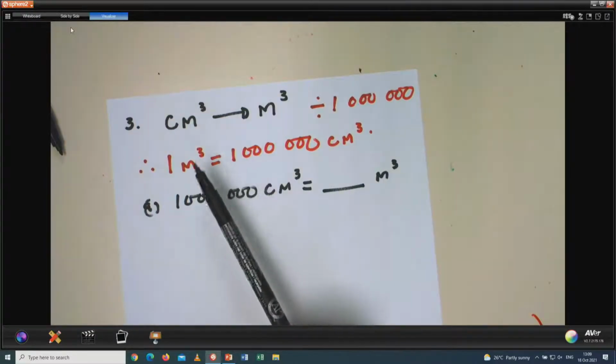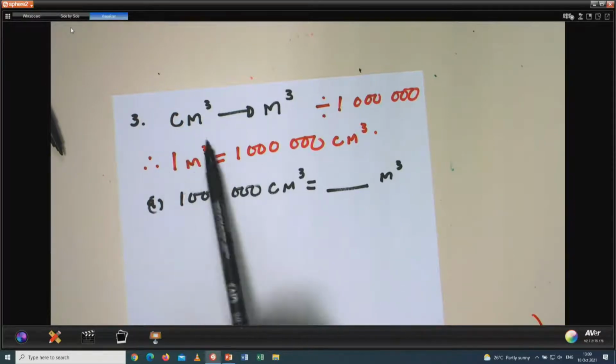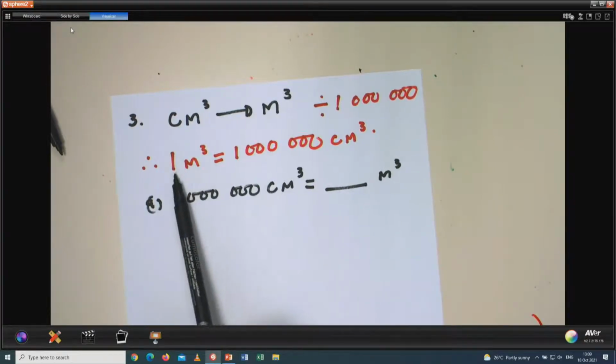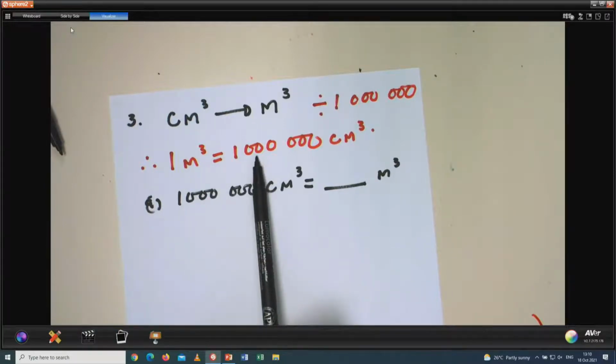Earlier, when we started, we saw from the big cube A and cube B with the volume of 1 cubic meter and 1 cubic centimeter that a cube of 1 meter by 1 meter by 1 meter will be 1 cubic meter, and it will be filled by small cubes which were labeled B, with dimensions of 1 centimeter by 1 centimeter by 1 centimeter.